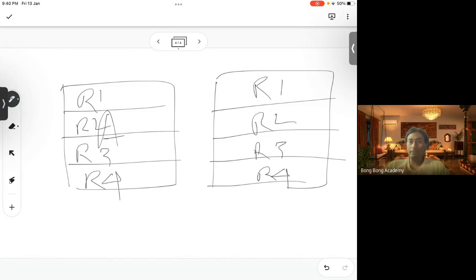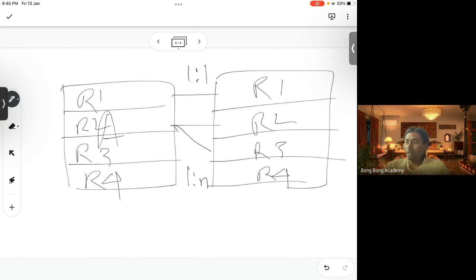Two tables, right? If one row is only associated to one row, that is a one-to-one relationship. We'll call this 1:1. If one row is associated to multiple rows on this side, then we'll call it a one-to-many relationship. It is written as 1:n, not m. Okay, n for number, any number.